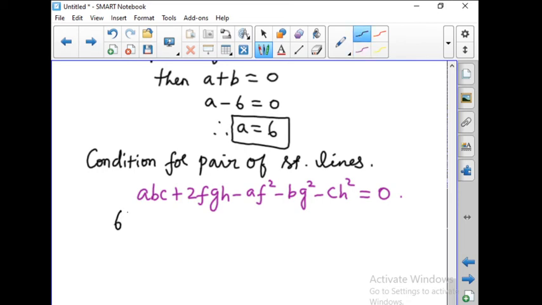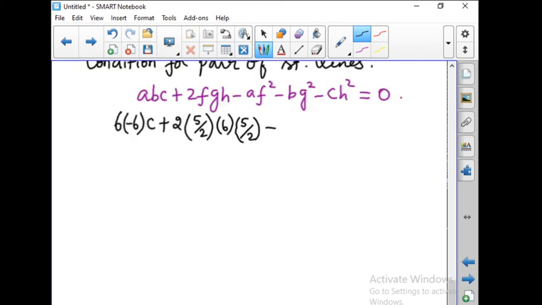That is 6 into −6 into c, plus 2 into f value 5/2, g value 6 and h value 5/2 again, minus af², that is 6 into (5/2) squared, minus of −6 into g² value 6², minus c into h² value (5/2)² equal to 0.